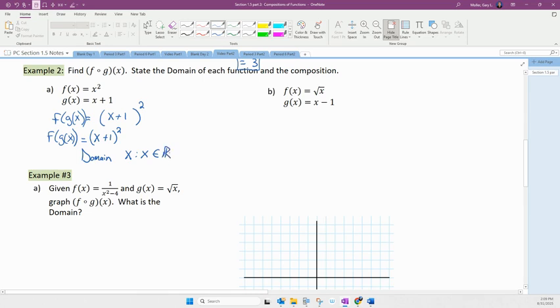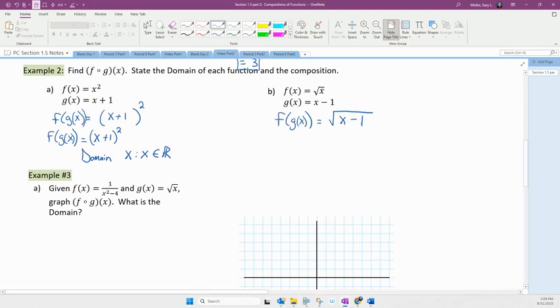Okay. And now let's do f of g of x over here. So f of g of x, we're going to take function f. And then inside of the x, I'm going to put x minus 1. And so there is our new function. All right, now let's have a discussion about the domain.